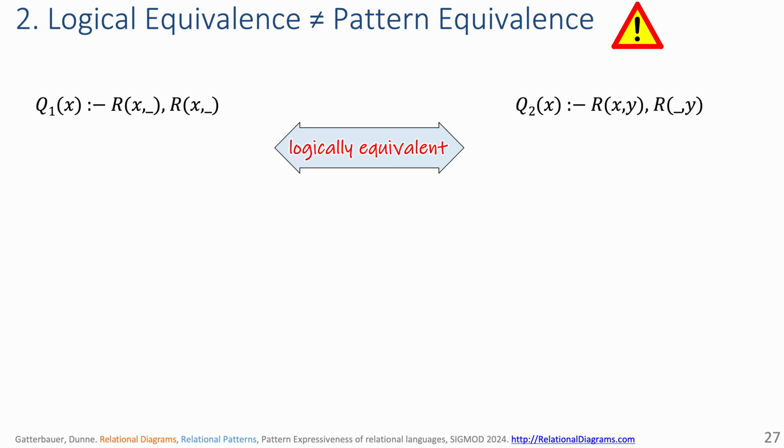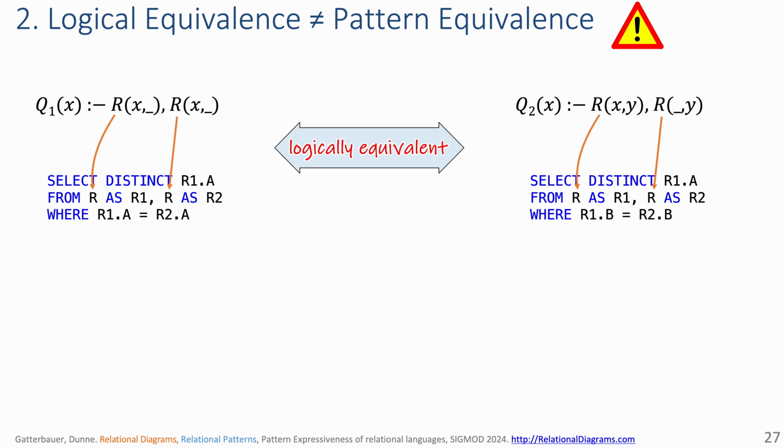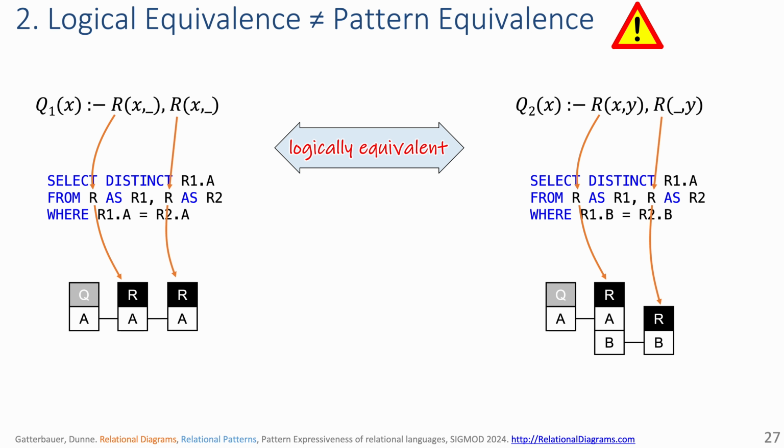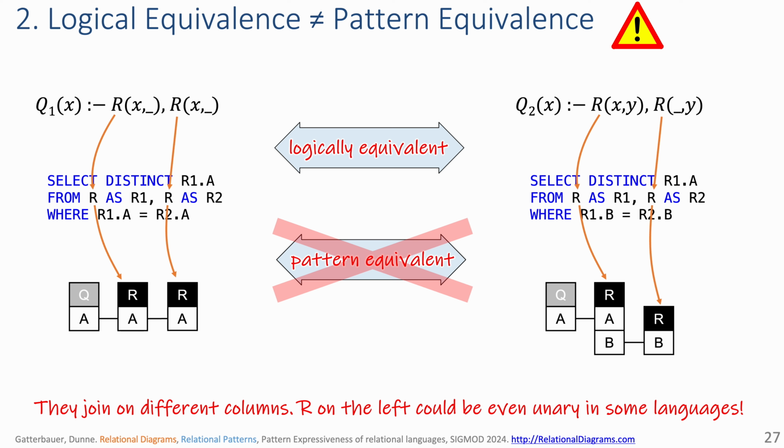And there's another reason why we use dissociation in our definition of relational patterns, not just for pattern similarity, but also for pattern equivalence. I'm showing you here 2 queries that are logically equivalent in Datalog, in SQL, and as relational diagrams. Yet while the left and the right queries are logically equivalent, you probably already see that they are using somewhat different patterns. The joins are between different attributes.